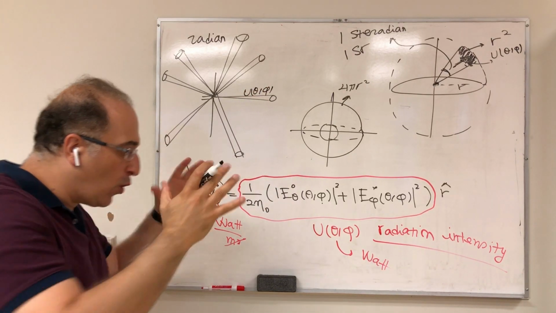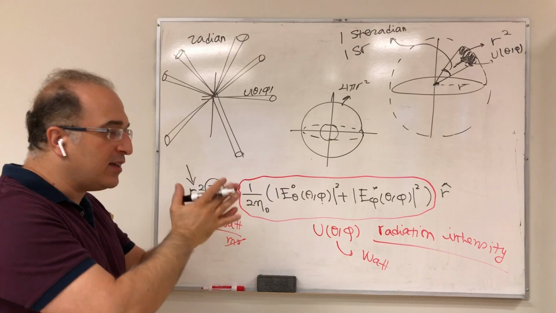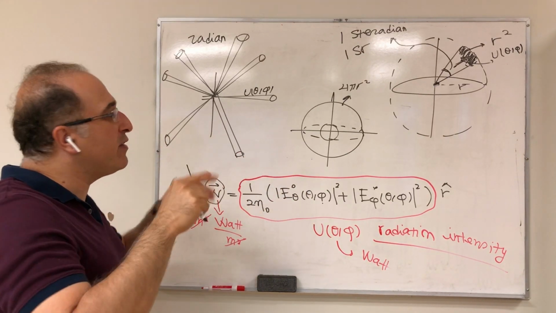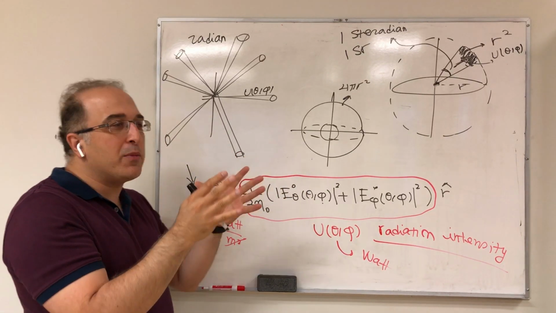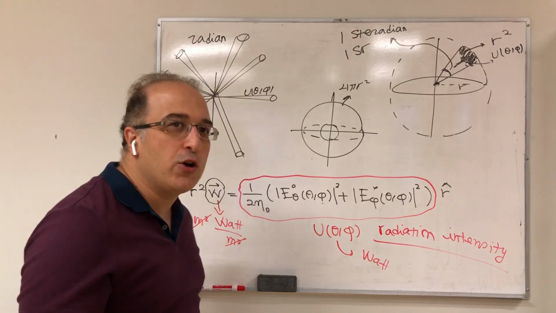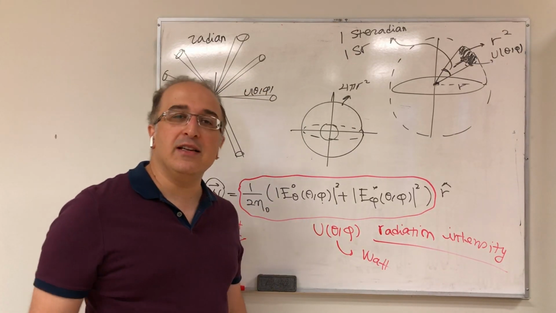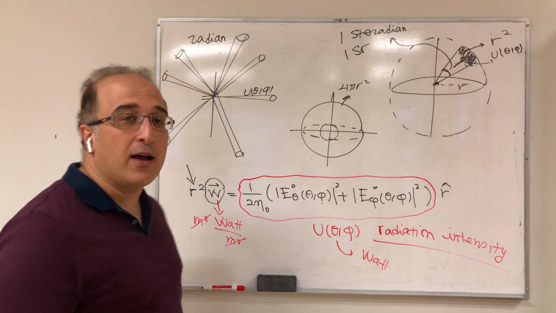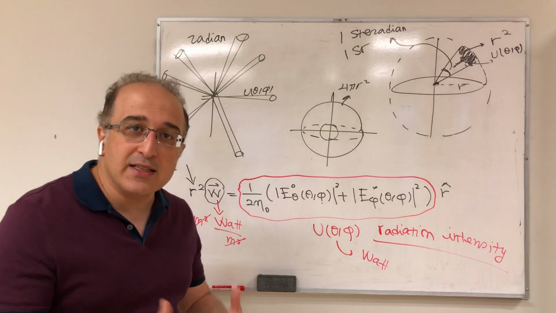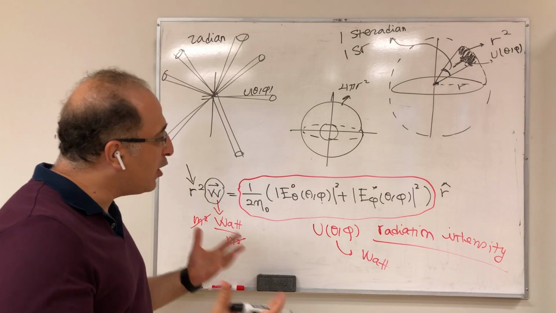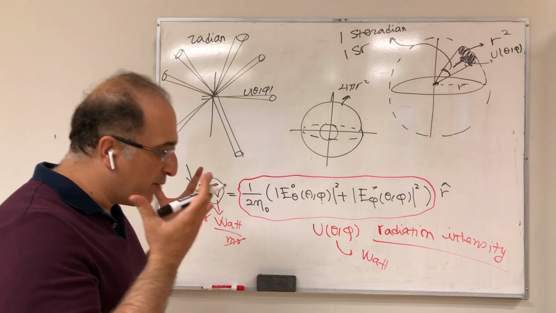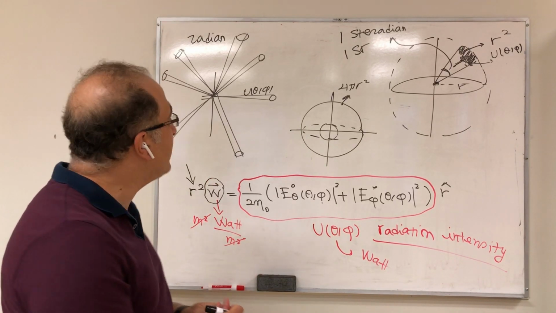So think of the environment around the antenna as so many cones, and in each cone you have a radiation intensity u, theta, and phi. So that's essentially the meaning of u, theta, and phi, a power per unit solid angle.